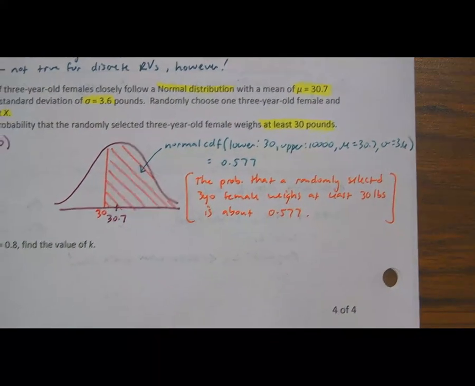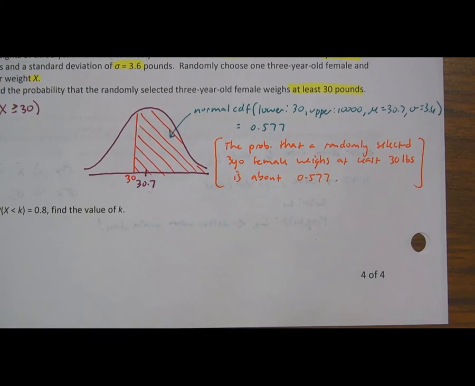So continuous random variables actually should feel a lot easier to deal with than the discrete, because the discrete ones are where you have to use those crazy formulas to find your mean and your standard deviation.